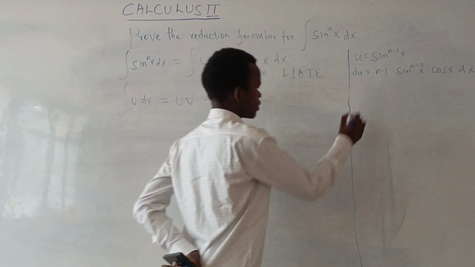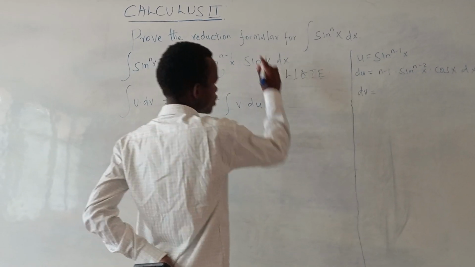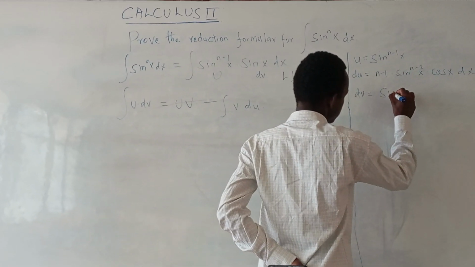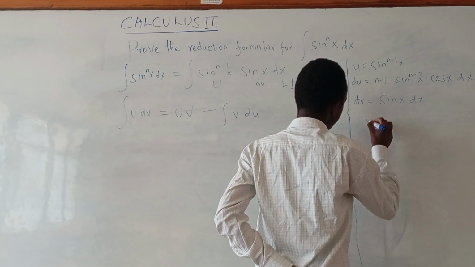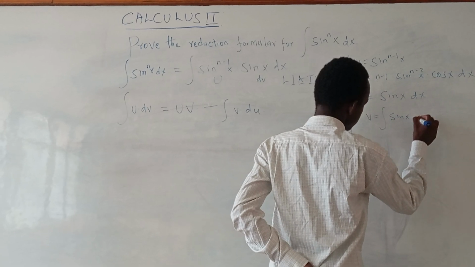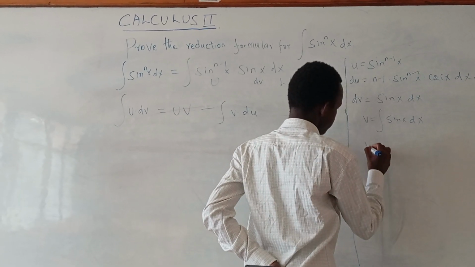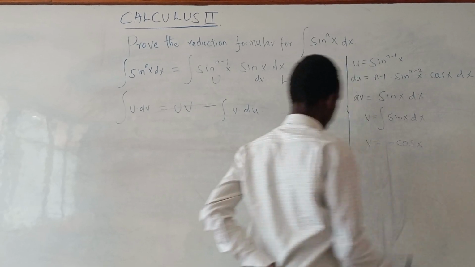We have our dv. Our dv is sine of x dx. So our v is the integral of sine of x dx. We'll get our v as negative cos of x.